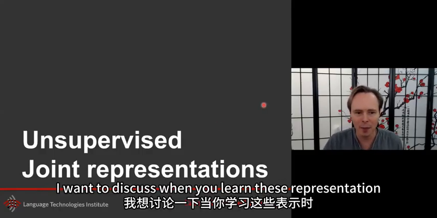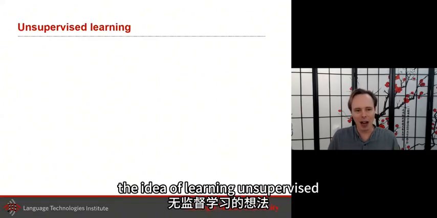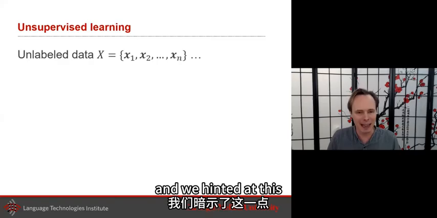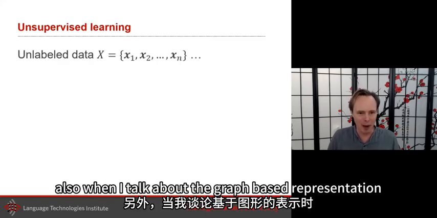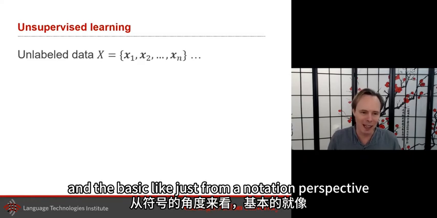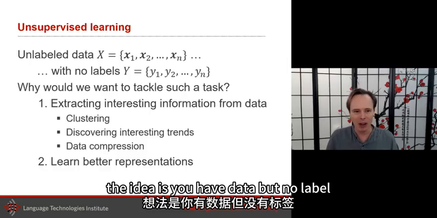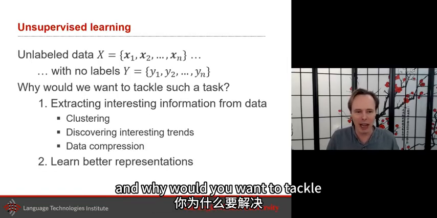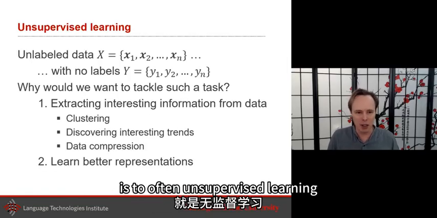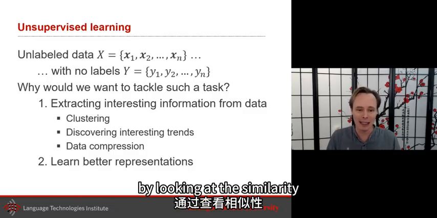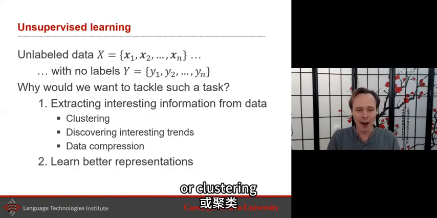I want to discuss, when you learn these representations, the idea of learning unsupervised, which we hinted at when I talked about graph-based representation. From a notation perspective, the idea is you have data but no label. Unsupervised learning often allows us to do some analysis of the data by looking at similarity and clustering.